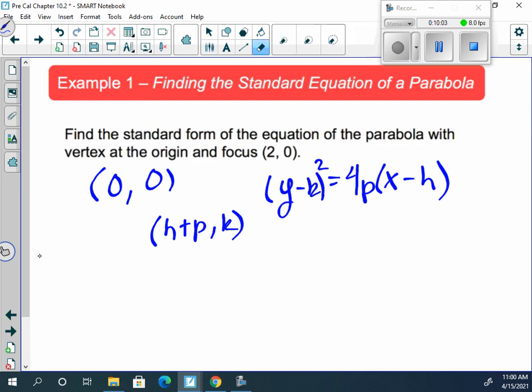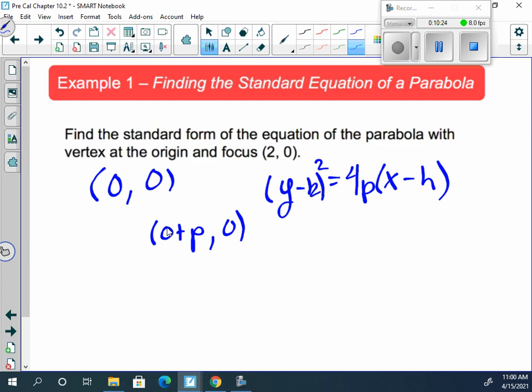It is still 0. So if I were to fill this in, I know k is 0. Well, h is also 0 because the vertex is 0, 0. But the focus is 2, 0.